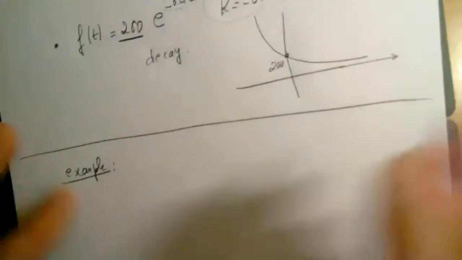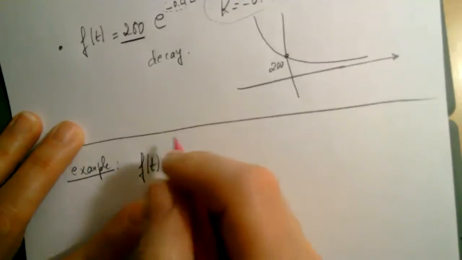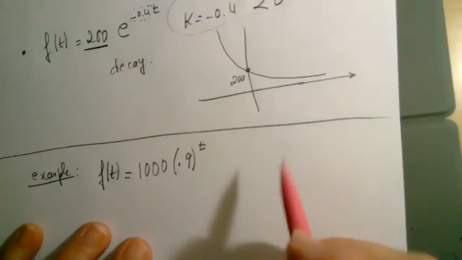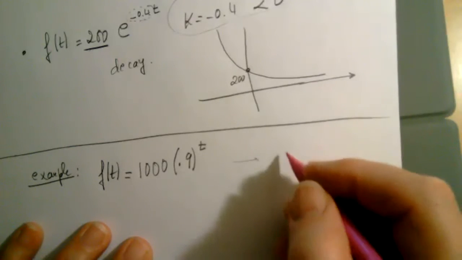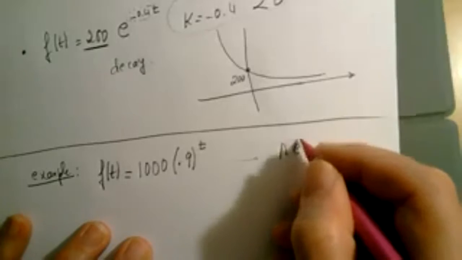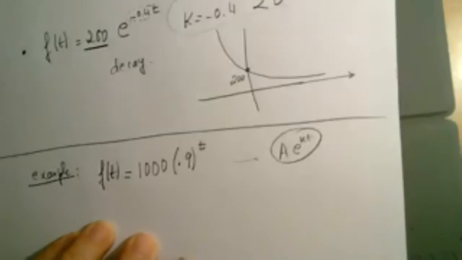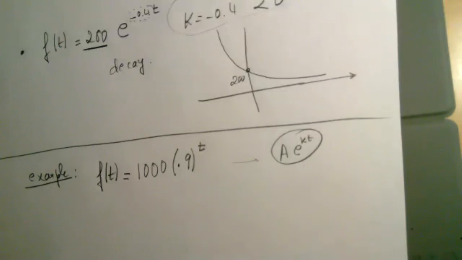So the first problem is f of t equals 1000 times 0.9 to the t. I want to rewrite it in the form a e to the kt. How can we do that?